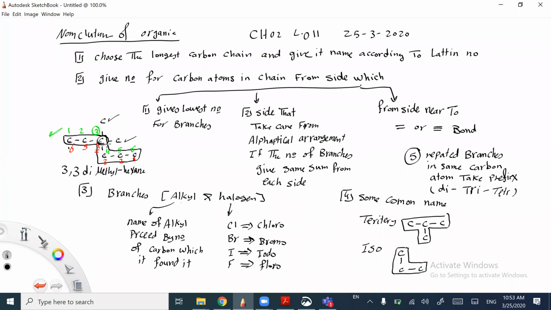Like in this case, we find 3 and 3. We repeated the number, carbon atom number 3, and another on carbon atom number 3. We have a dimethyl.